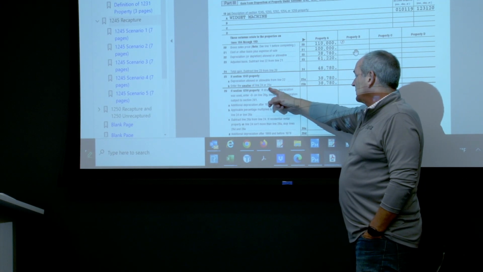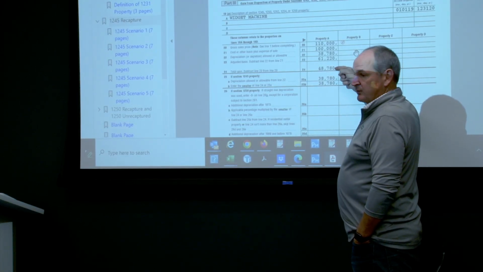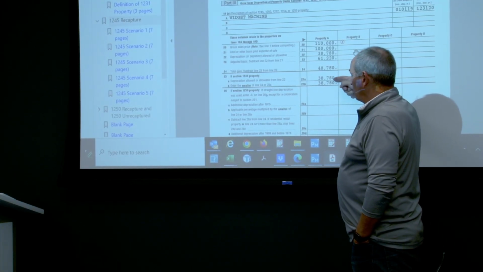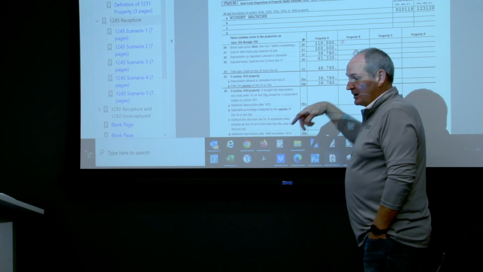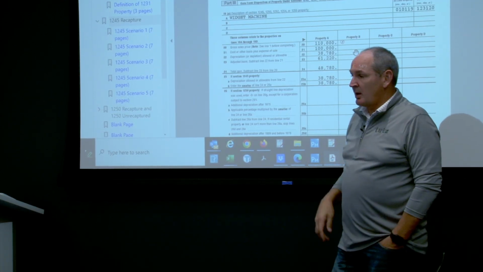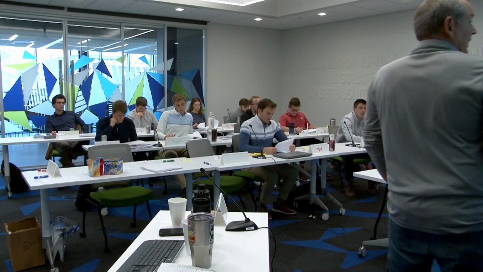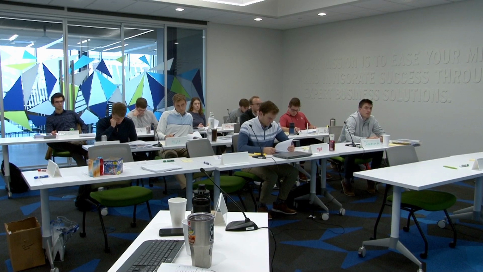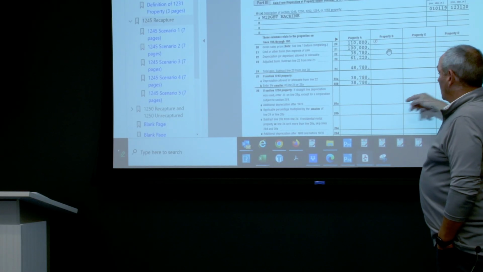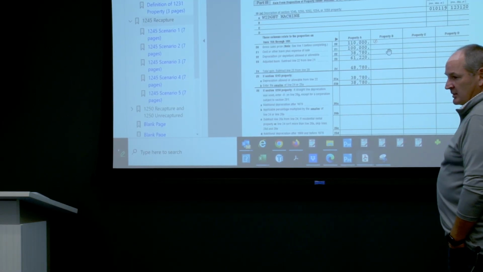It says enter the smaller of line 24, which is 48,780, or 25A, which is 38,780. Jackson, which is smaller? The depreciation. So now we enter there 38,780, and then down below it says, hey, you have to sum up all these lines that they told you.